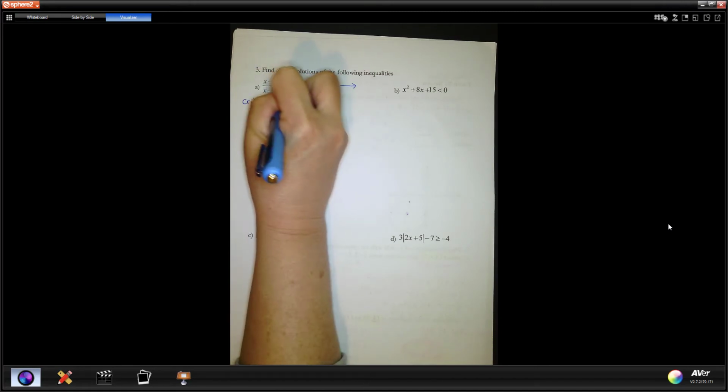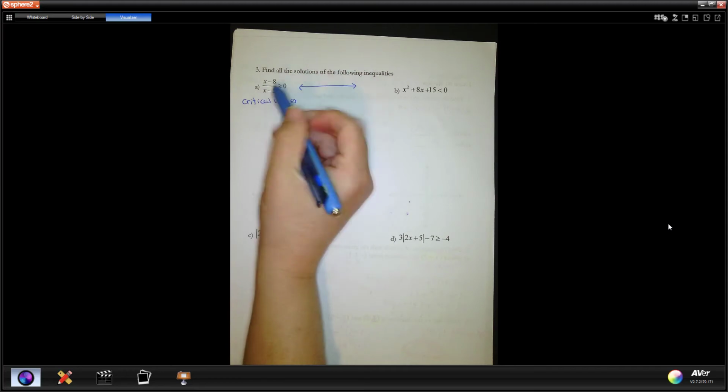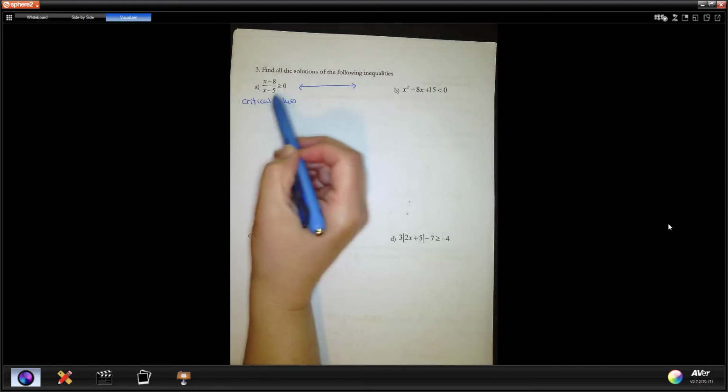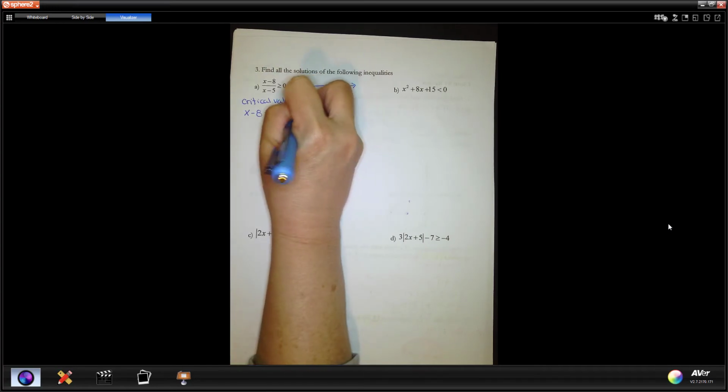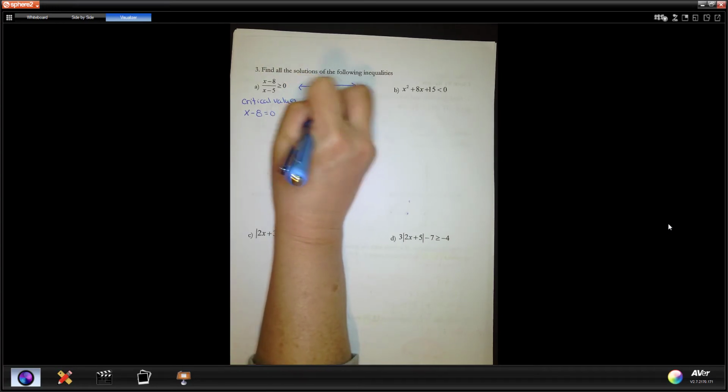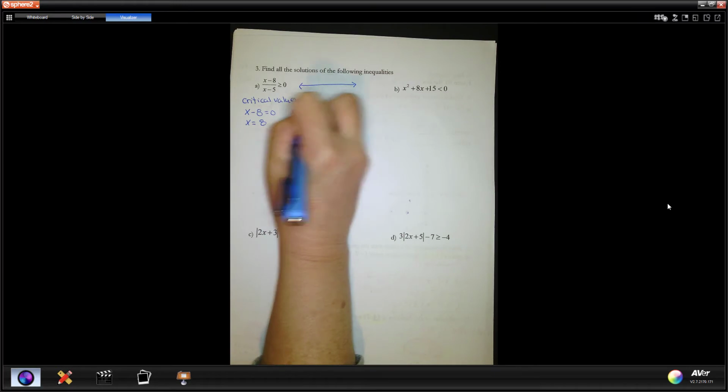And that's going to be found by setting each of those equal to 0, except there's going to be something special with the denominator. So first of all, we have x minus 8 equals 0, and x plus 5 cannot equal 0, because remember, the denominator cannot be equal to 0. So x equals 8, and x cannot equal 5.